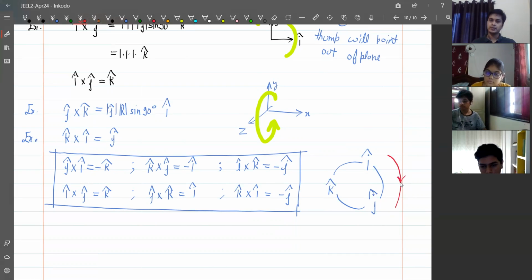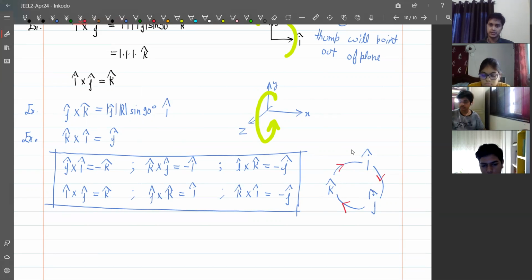I'll give you time to write. So if you go in the clockwise direction, so I cross J, that will be K, right? Then J cross K, that will be I. Then K cross I, it will be J. So in the clockwise direction, it is positive.